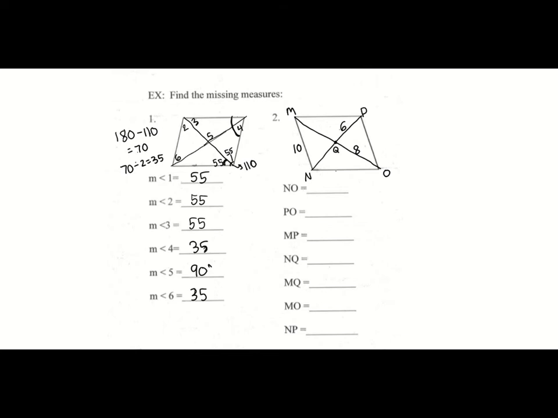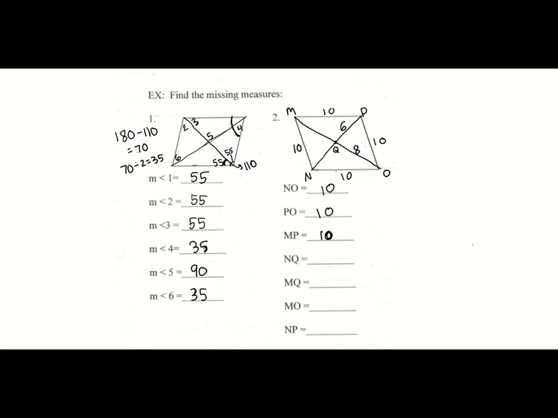Okay? For number 2 over here, we are looking more at the length of the sides. So if we know that MN is 10, that tells us that all 4 sides are 10. So NO is 10, PO is 10, and MP is 10. Then we have NQ.